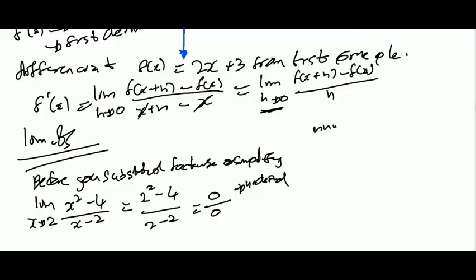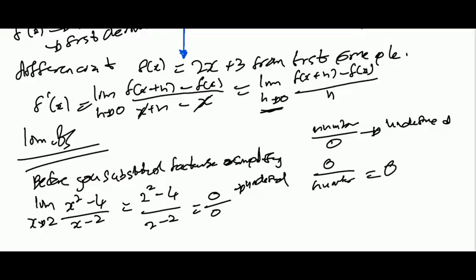We know that a number divided by 0 is undefined from maths. But 0 divided by a number is 0. So these are two different things you must take note of. So in this case, this equation is not undefined, but because we don't follow the limit laws, we get an undefined solution.